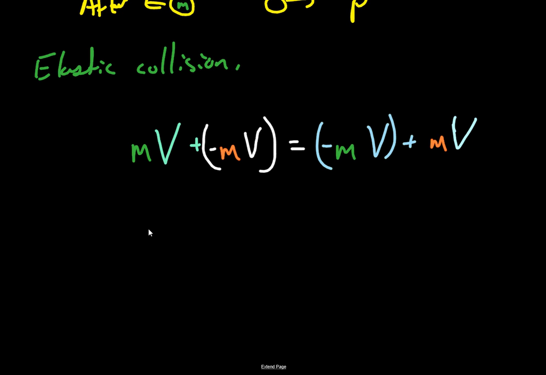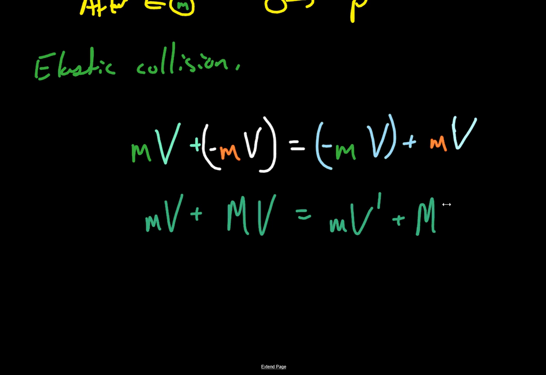It's just m1v plus big Mv equals mv prime plus Mv prime, okay? And let's put a little a down there just so we know those are the same, okay?